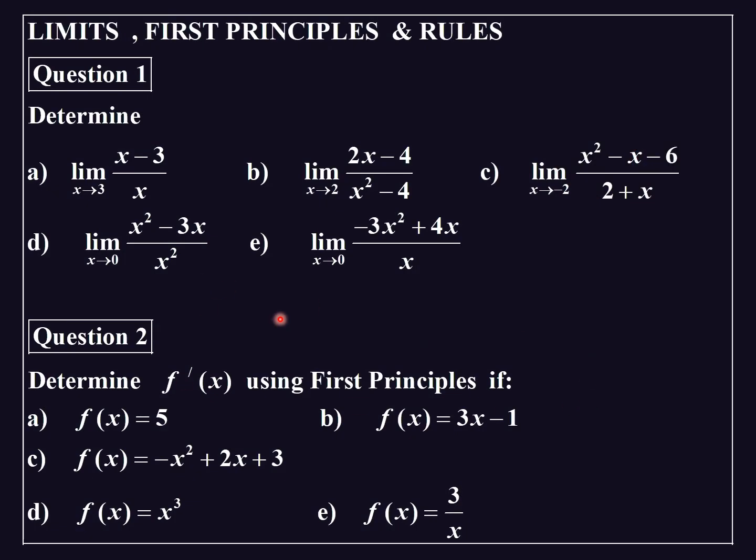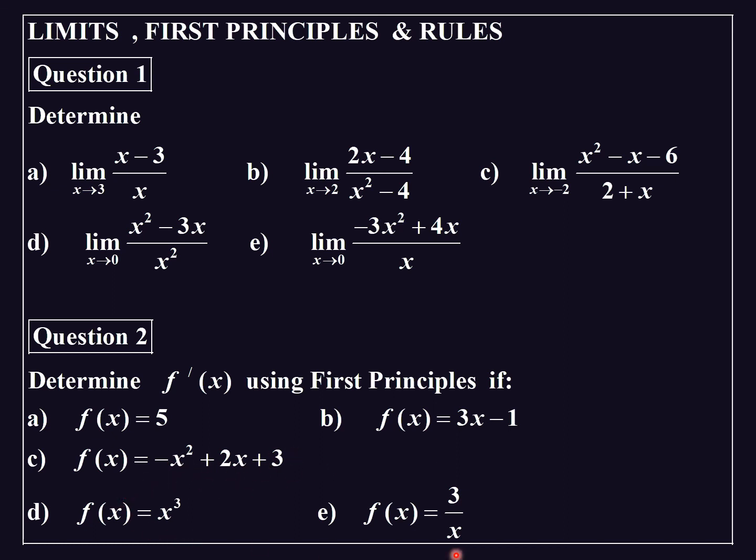Here we have some questions on simplification of limits or determining limit values. Then here we have 5 problems on determining the derivative using first principles. And these are the 5 types of expressions you should be able to determine using first principles. A constant, which we haven't done, but I'd like to see how you do that on your own. A linear, a quadratic, and remember this quadratic doesn't always have to have 3 terms.